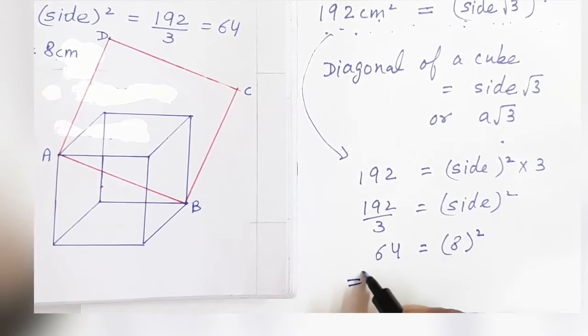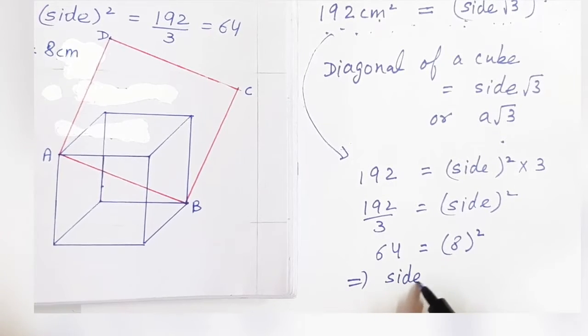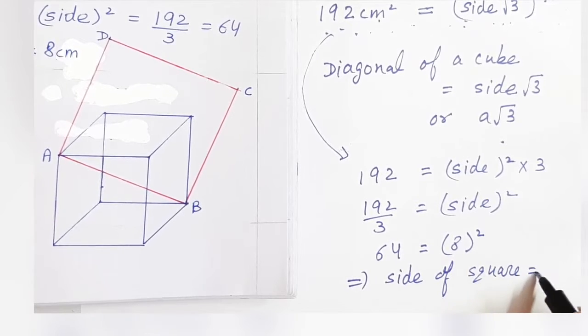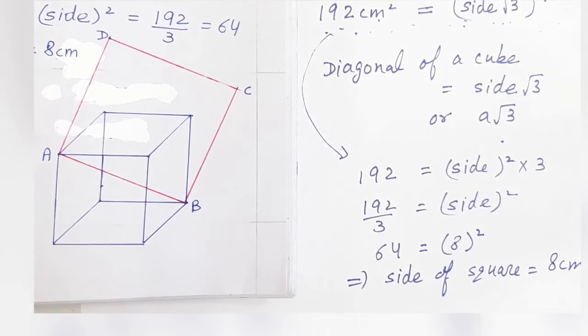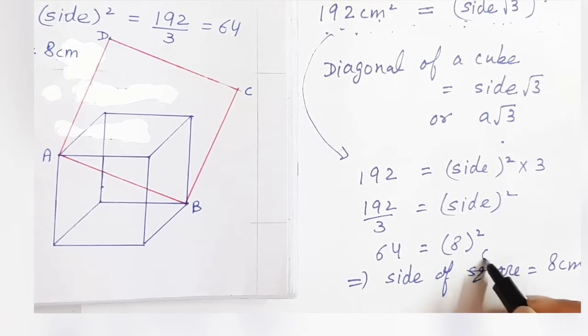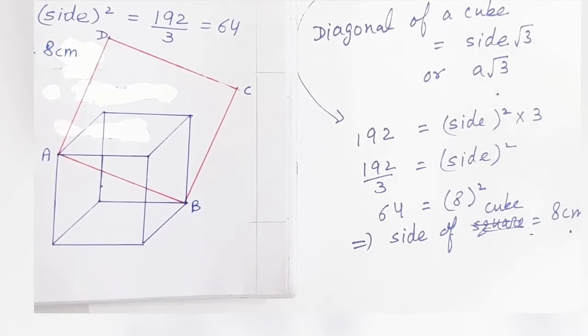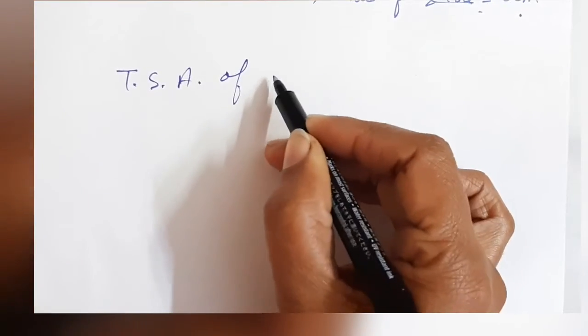So this implies the side is how much? 8 centimeter, right? It is a cube. Side of cube is 8 centimeter, right? Now what we have to do here is find the total surface area of the cube.